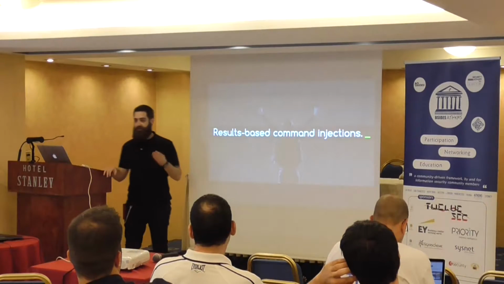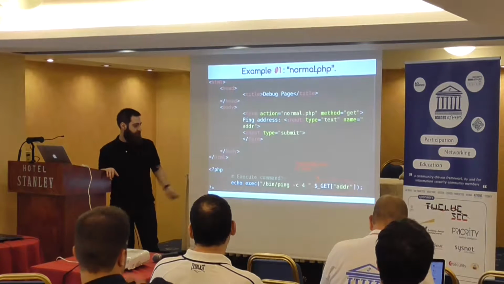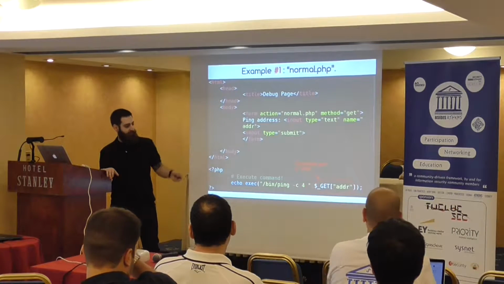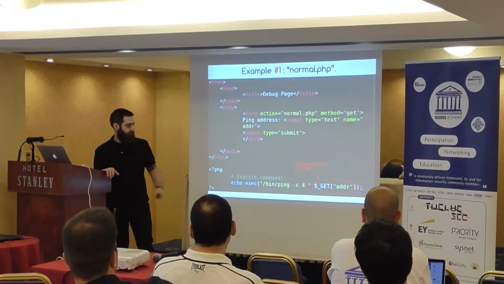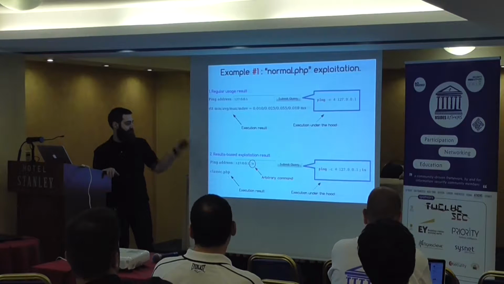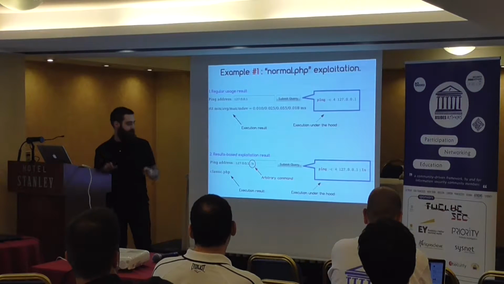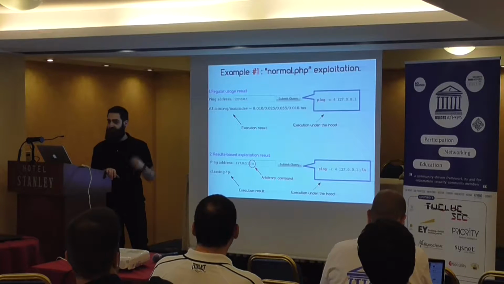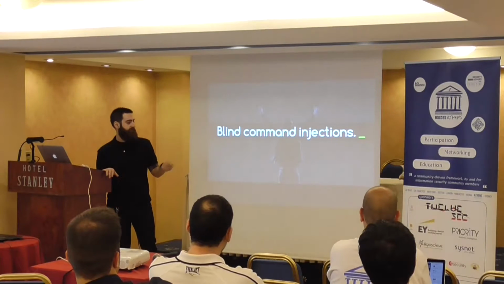Let's see these attacks in detail. The first one is exactly the same example as previously mentioned. Here is the vulnerable part, and if someone puts an IP address, or an IP address, then a separator, and then another operating system command, in both cases the execution results will be visible. Let's take a look at the blind case.